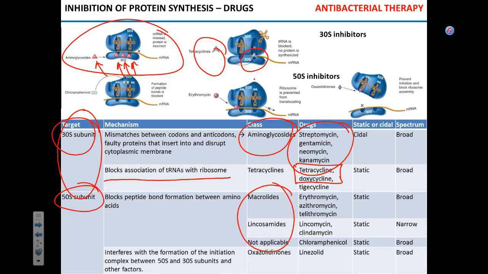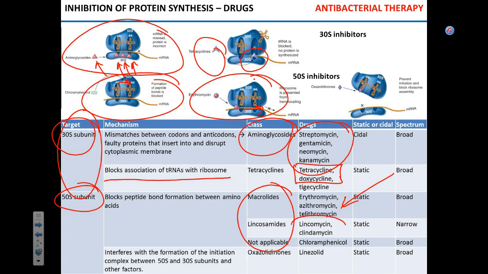50S subunit inhibitors: macrolides, lincosamides, and chloramphenicol. So you can see that chloramphenicol prevents the formation of the peptide bond directly. Okay, erythromycin, one of the macrolides, the one that we tested recently, prevents the ribosome from moving forward.